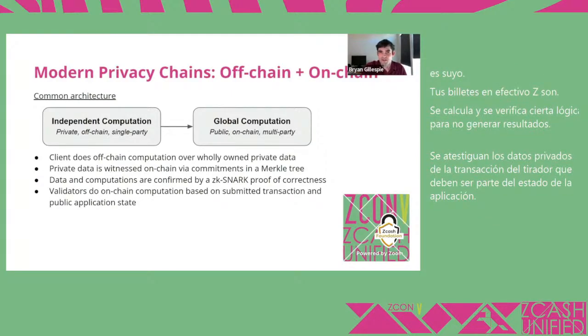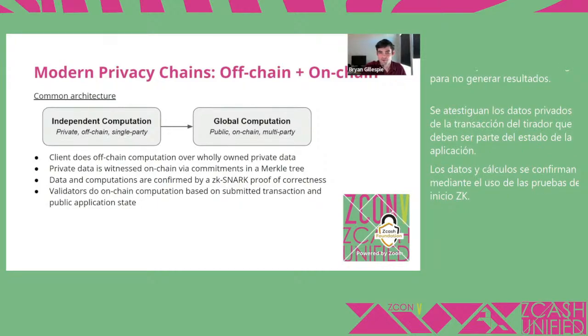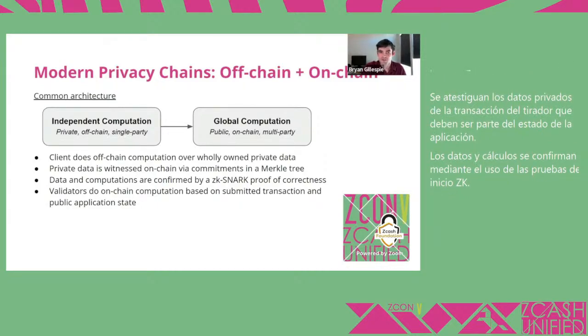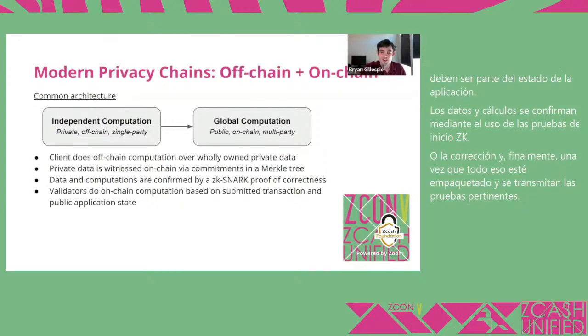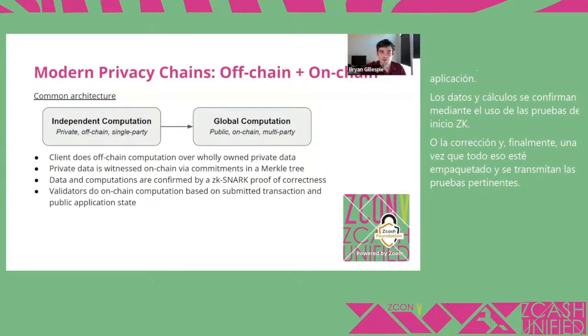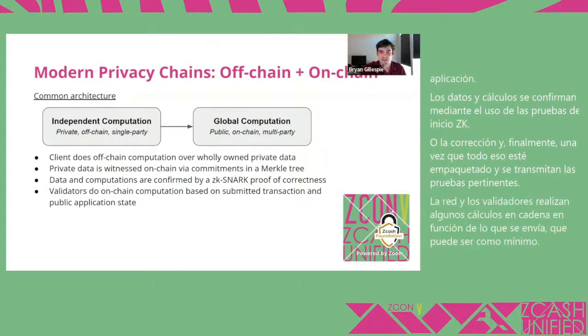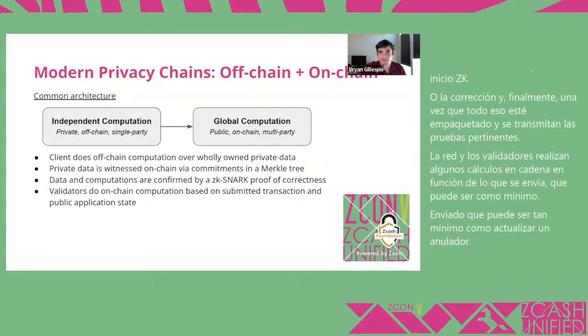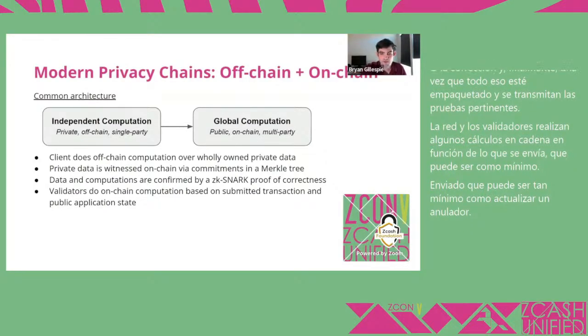And finally, once all of that is packaged together and the relevant proofs are transmitted to the network, validators do some on-chain computation based on what's submitted, which can be as minimal as updating a nullifier set and updating the commitments, but can be more complicated in a more full-fledged programmability architecture.